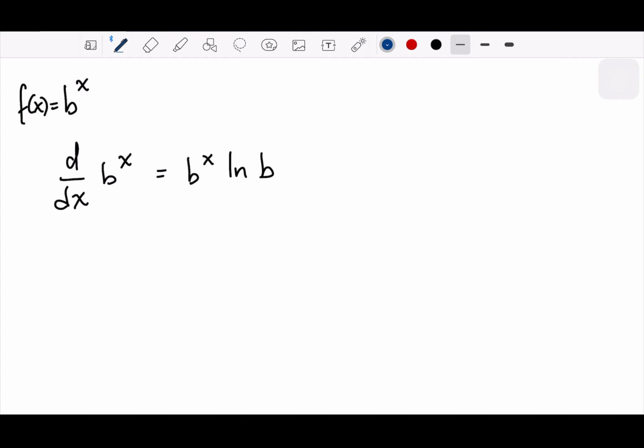If you imagine b as e, it's still the same, but ln e is 1, right? So this is actually the general rule: we have a proportion of a constant ln b.